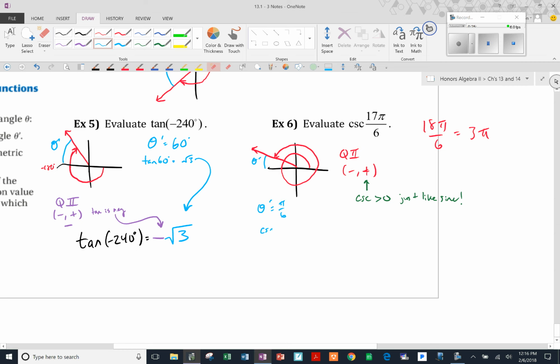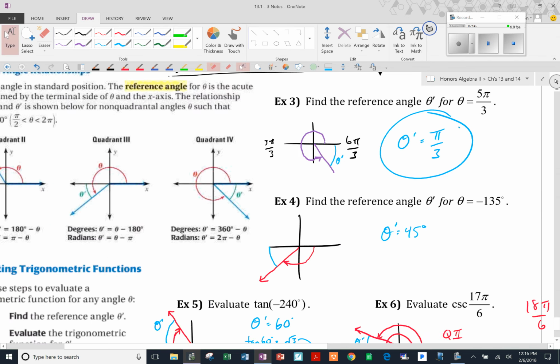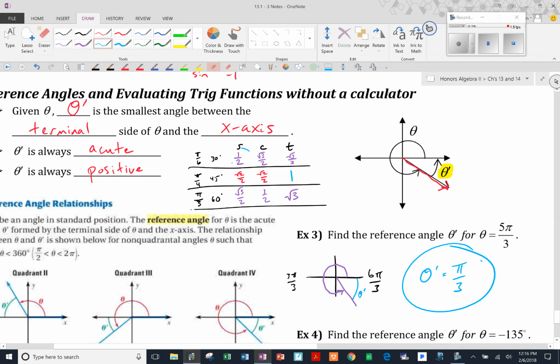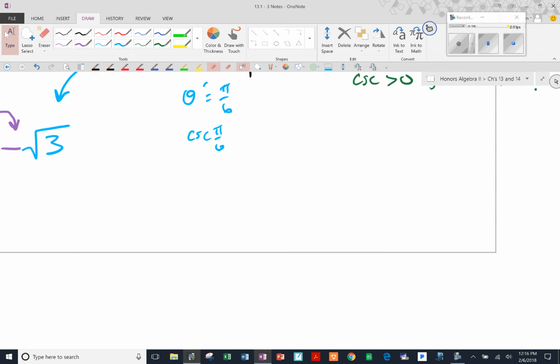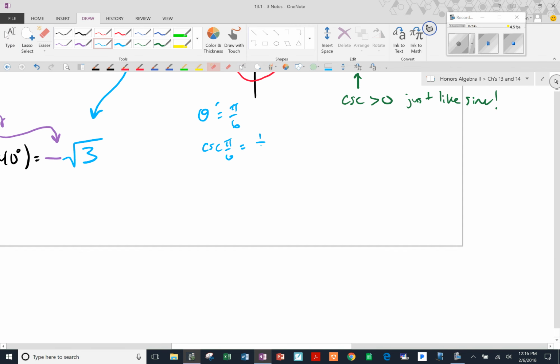So we need the cosecant of pi over 6. From our table, you know that sine of pi over 6 is 1/2. So that means that the cosecant is 2. If you want to say something like 1 over 1/2, you can for your notes here, but it's just 2.